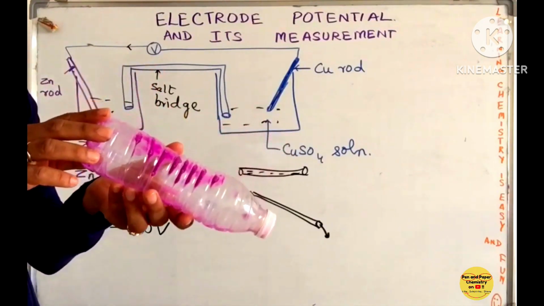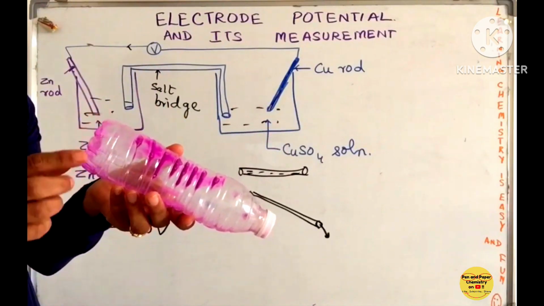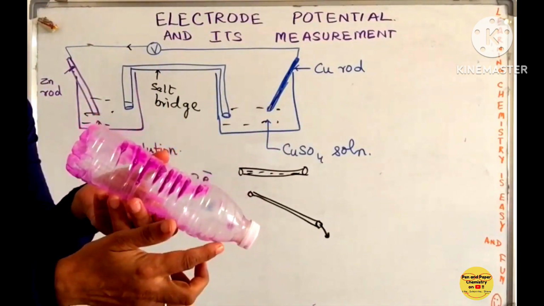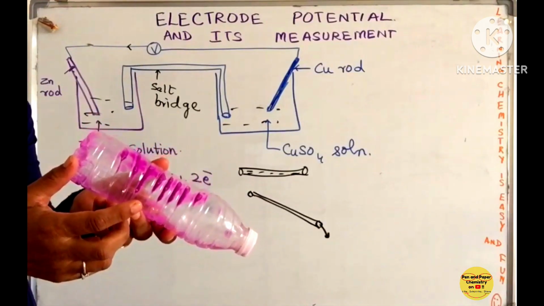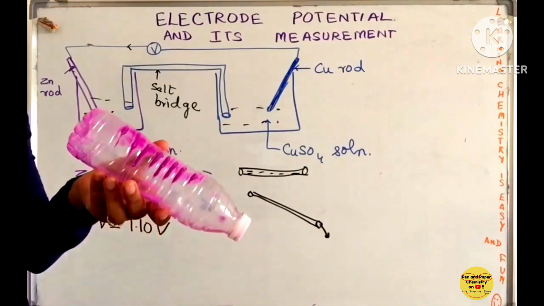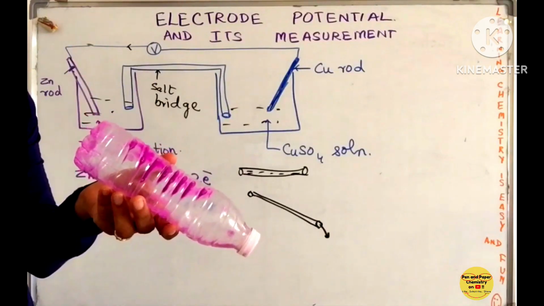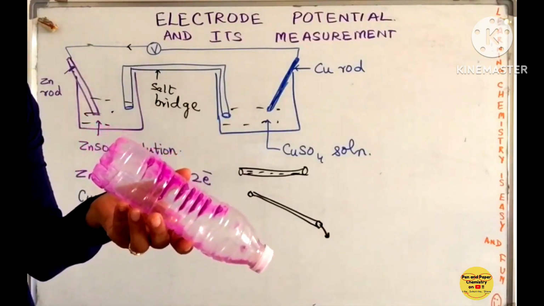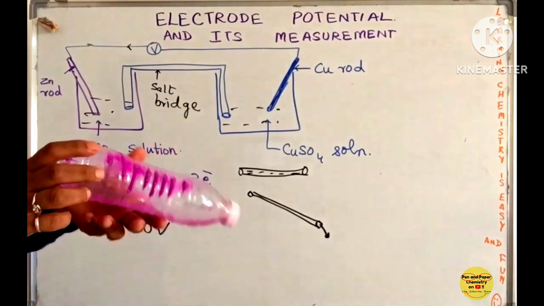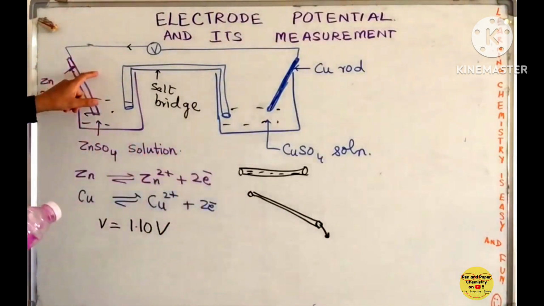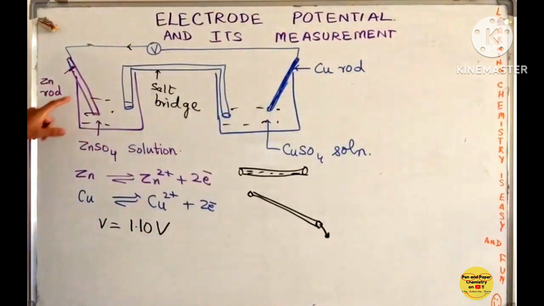When I tilt it, there is a difference in potential energy, correct? When the water flows down, the potential energy further decreases. The same concept is applicable over here. Each of the two rods is at a certain potential.